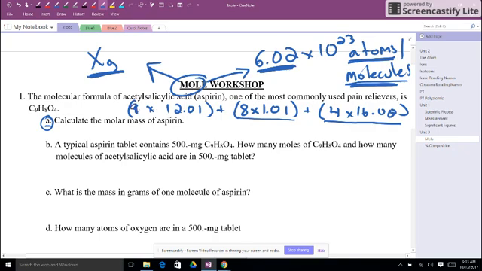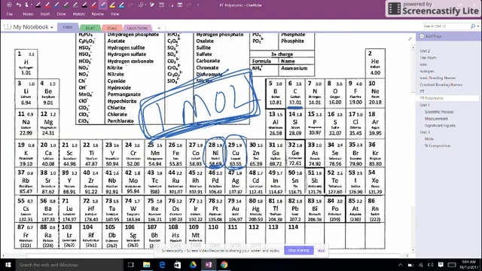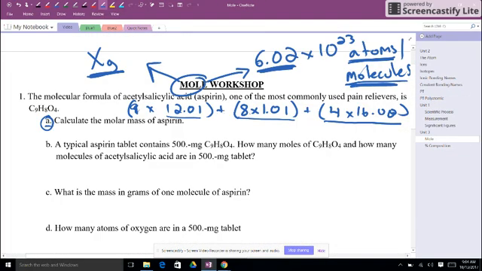So I'm going to do 9 times 12.02, and 12.02 again is just the molar mass of carbon, plus 8 times 1.01, that's the molar mass of hydrogen, plus 4 times 16.00, which is the molar mass of oxygen. And I end up with 180.17 grams per mole. Grams per mole will be the units for molar mass.